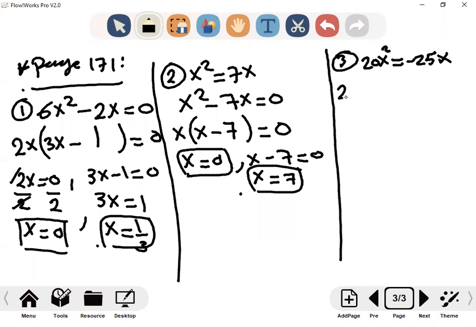Check. 20x power 2 plus 25x equals 0. Two terms, both have x. Search for the GCF, okay? We will do the GCF.